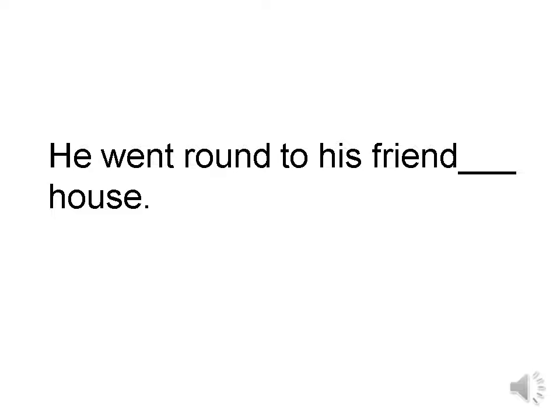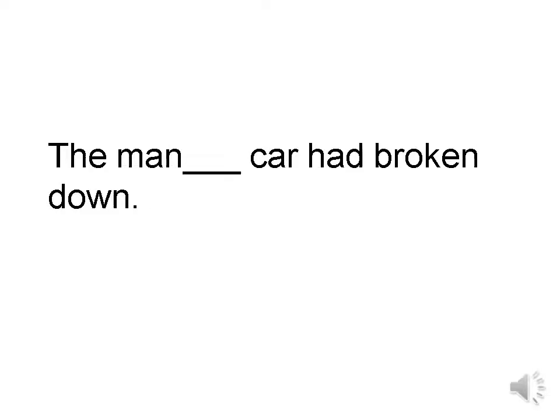Okay, so I hope you've answered that. It is of course after the D, because we have a noun, house. The house belongs to the friend. He went round to his friend's house. Friend apostrophe S, house. Next one: the man, space, car had broken down.